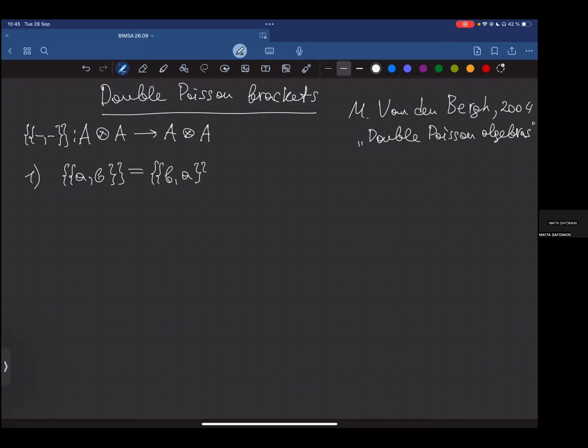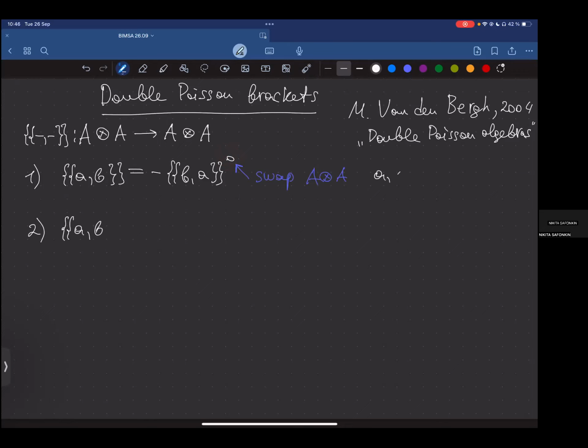The first one is an analog of the skew commutativity. Here, this circle means that we must swap two tensor factors. The second property is some sort of Leibniz rule.